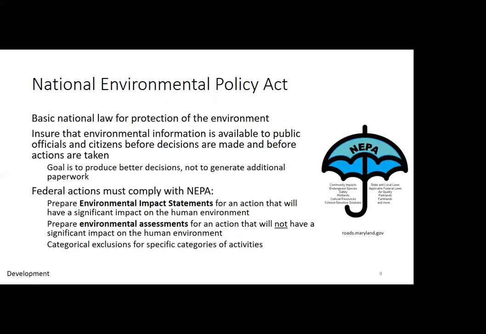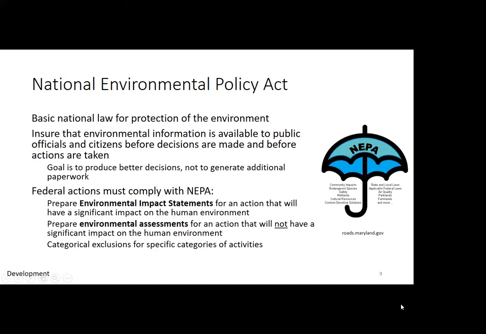For those federal actions that will not have a significant impact on the human environment, the National Environmental Policy Act requires the preparation of an environmental assessment, which you could say is a kind of brief version of that environmental impact statement. The content in general would be roughly the same, but at a lower level of detail and analysis.